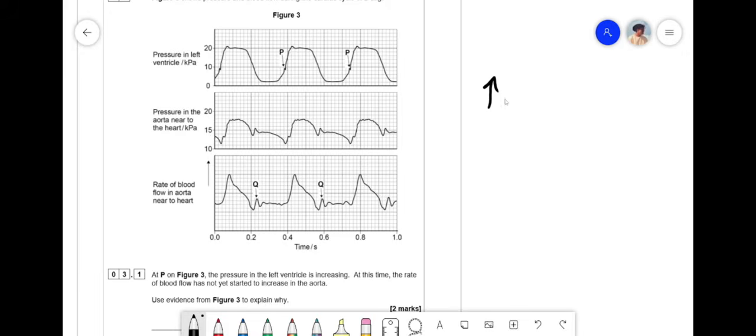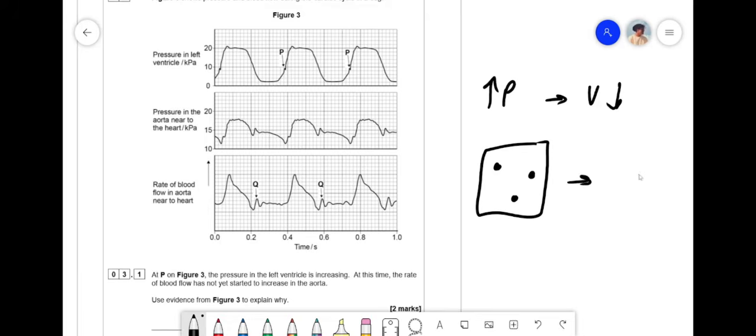So as pressure increases, volume will have to decrease, or the other way around in general. If I have a box of this volume with 3 squares in it, and I decrease the box volume, then the 3 squares are much closer together. So the pressure is higher, but the volume has decreased. This is an important thing to appreciate.